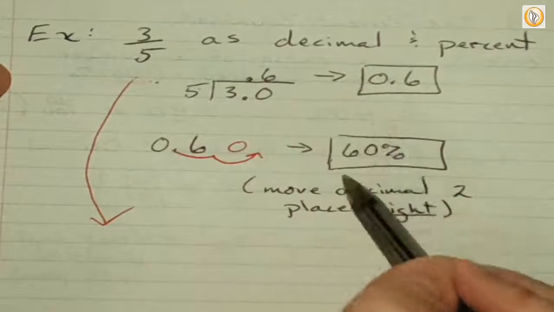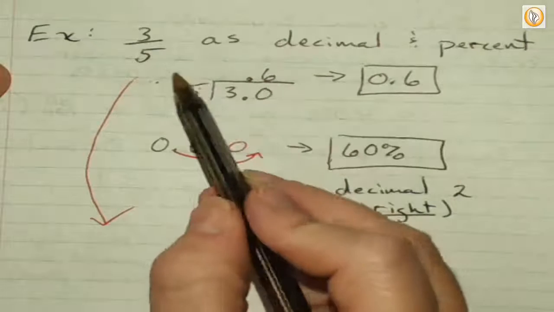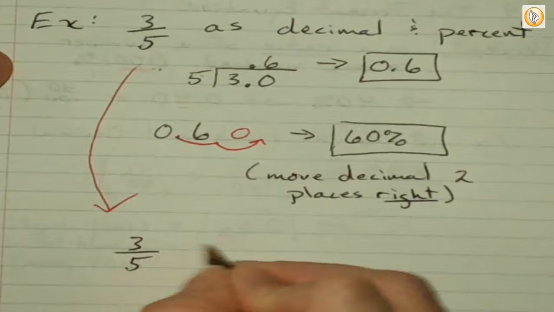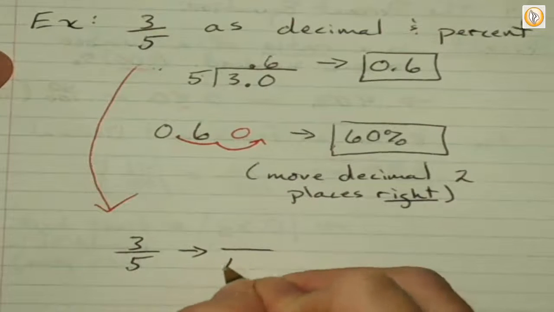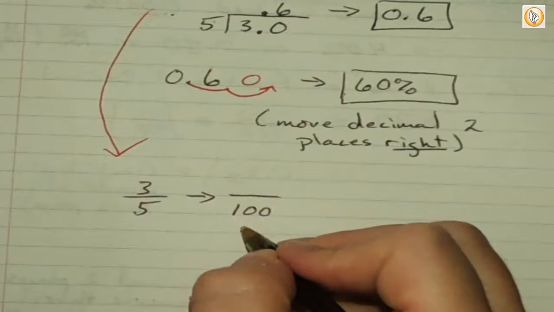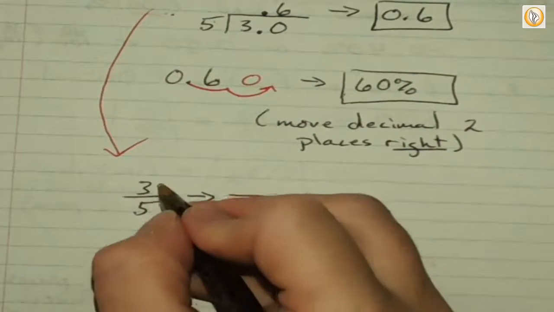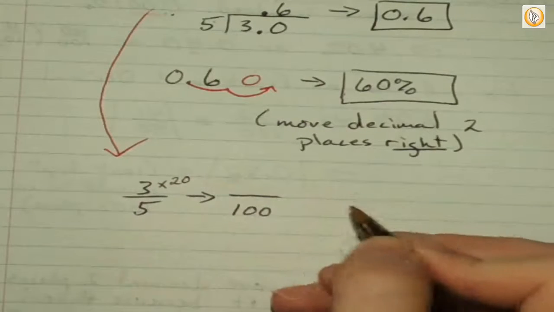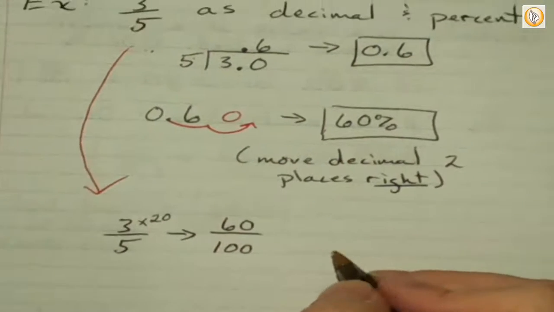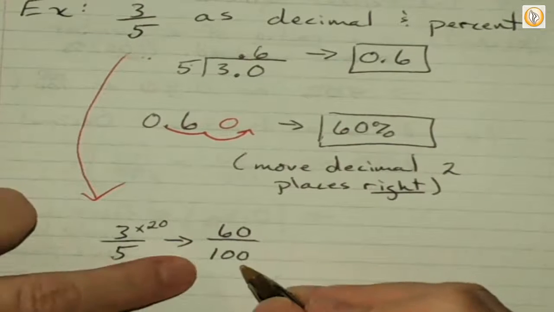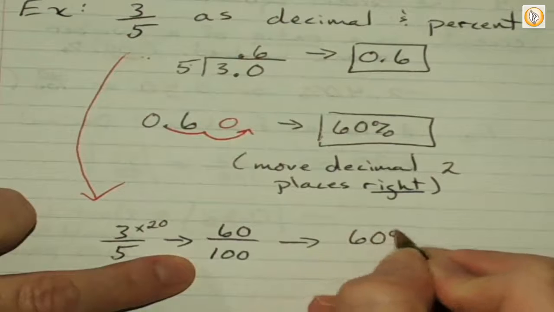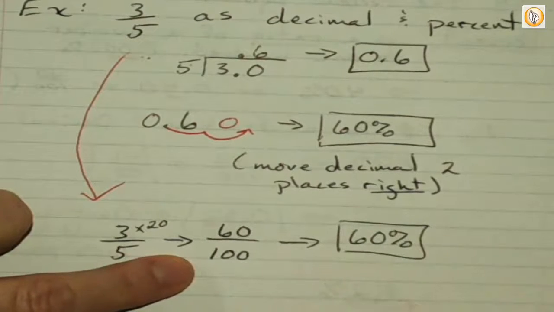For example, can 5 go into 100 evenly? Yes. How many times can 5 go into 100? 20. So then 3 times 20 is? 60. There's your new fraction. And we know that if it's over 100, then that becomes 60% immediately.